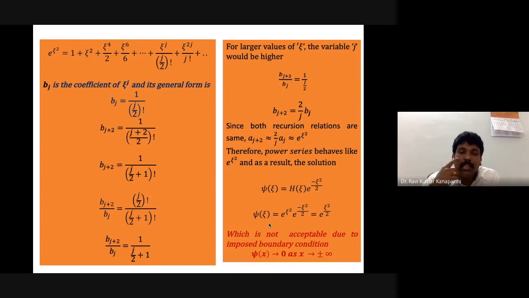That is the boundary condition that we have used. But now we have done some exercise, and we found that the solution is going to be e to the power z square by 2, which is actually not at all acceptable, because the function value keeps increasing and will not vanish. The nature of the function is an exponential growth function.